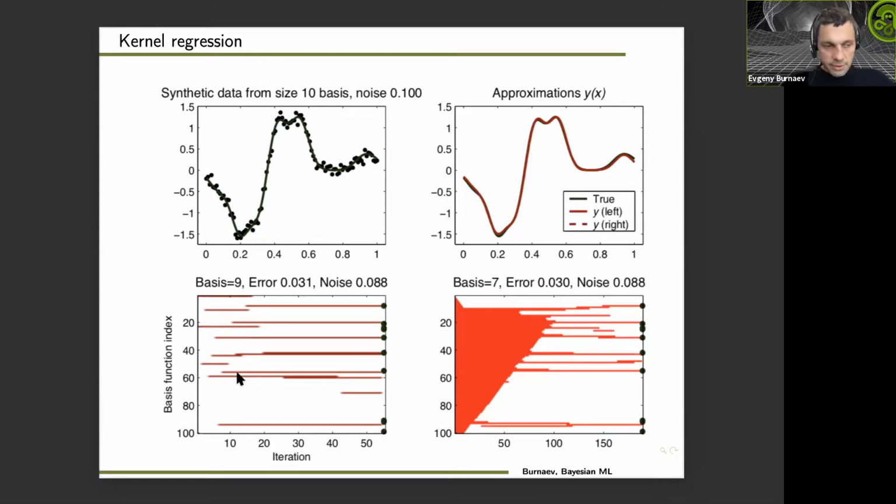You see that on different iterations, different basis functions appear in the model. Some of them at some point disappear, but some of them stay till the end, till convergence. And so we get the model with 9 basis functions.